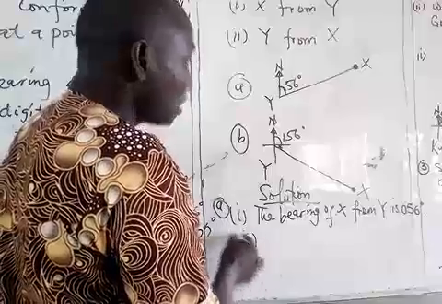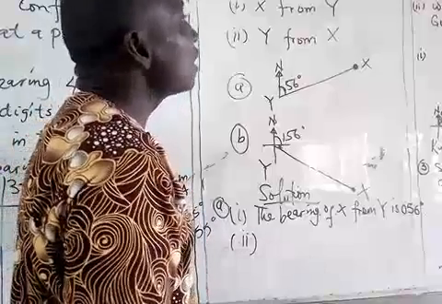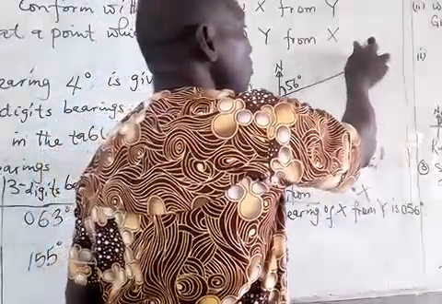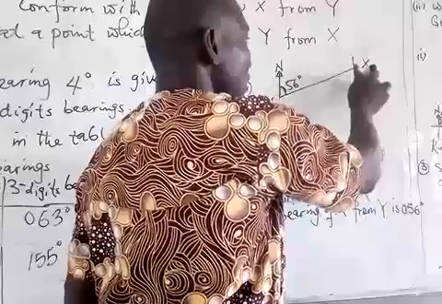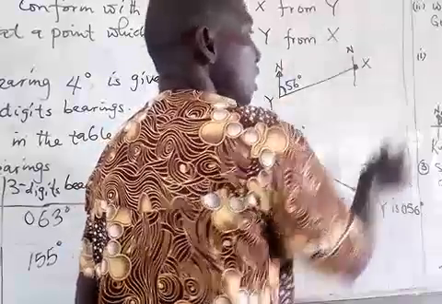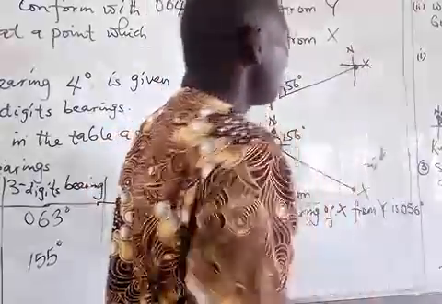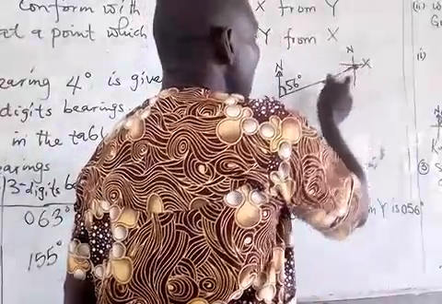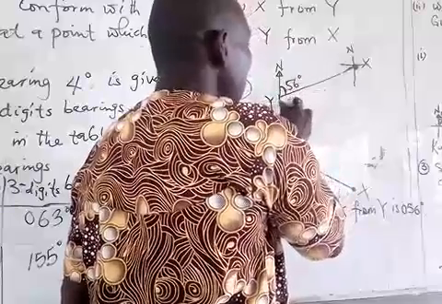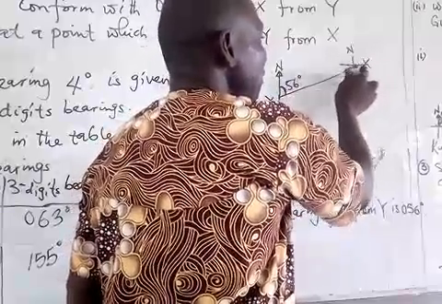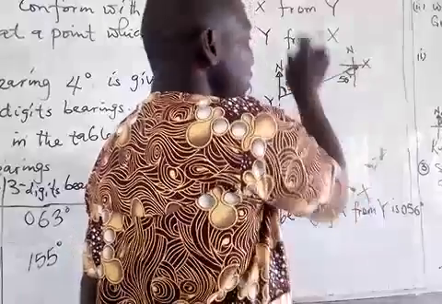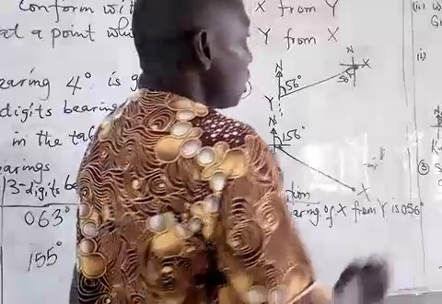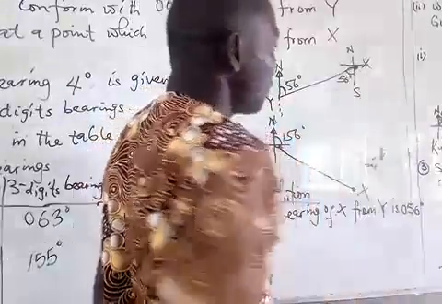The second one, the bearing of y from x. Now, if you come to this point, look at this. We create the North Pole here, and then this. Now, we know clearly that the angle between this going down, the angle here is 56 degrees, because this angle is alternate to this angle. So, this is the southern direction.